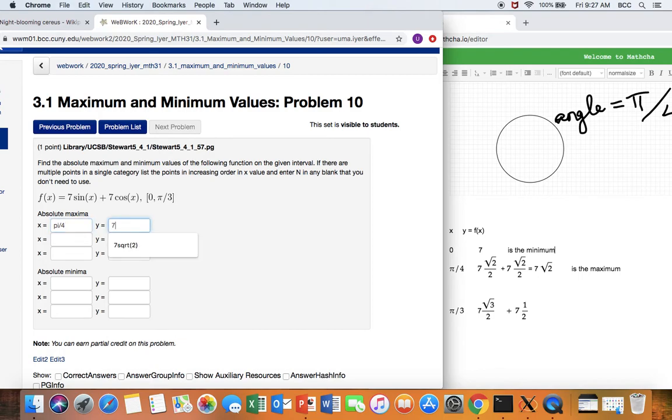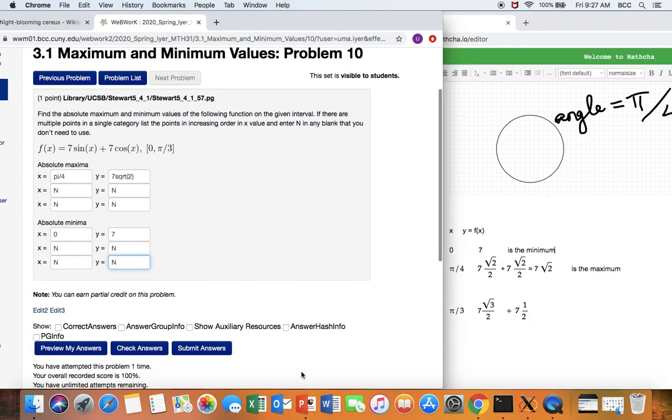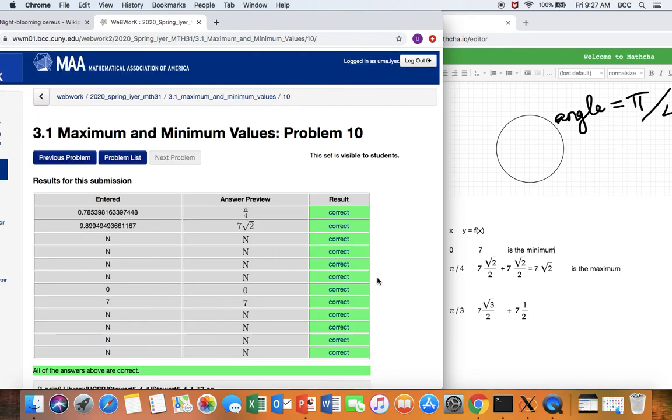The others are not available, so anything that's blank you need to write capital N. What about the minimum? Minimum is achieved when x is 0 and y is 7. Whatever you don't use, it's a capital N. So these are my answers. Your answers are probably different.